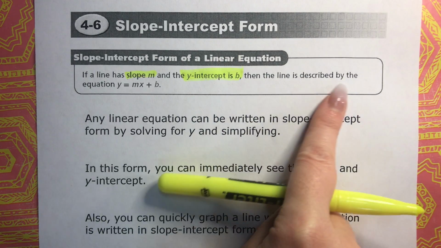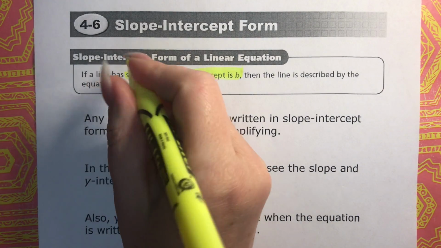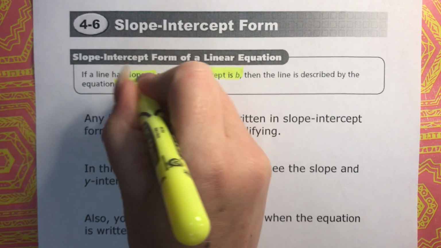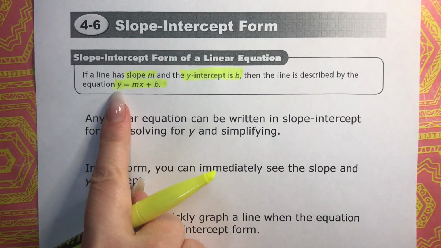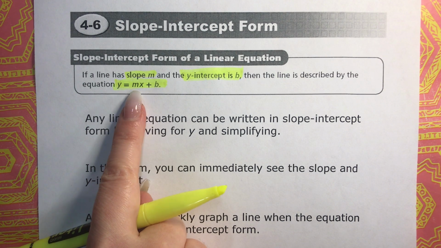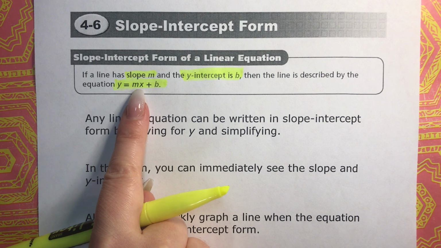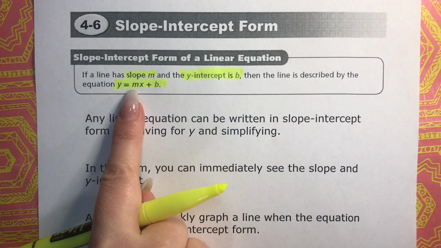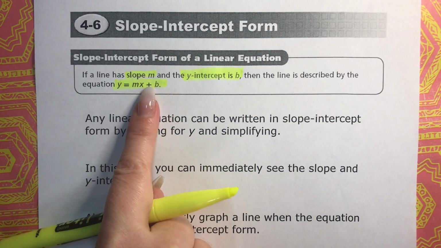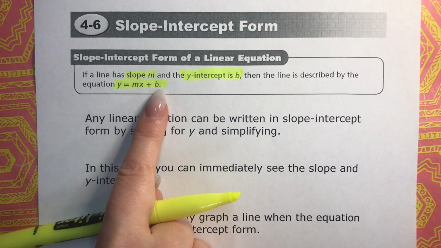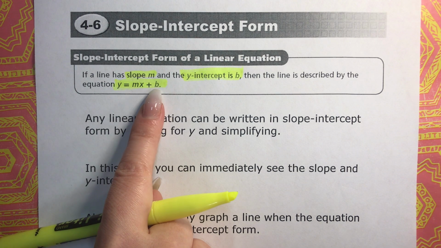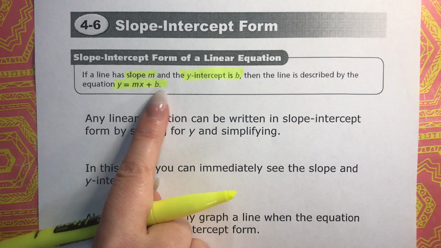So then the line is described by the equation y equals mx plus b, where, notice this, the equation is solved for y. You got the mx, so that means it's the slope multiplied by x. That means that whatever number is in front of x is the slope. And then whatever is out here on the outside, that is the y-intercept. This b represents a number, that is where your line crosses the y-axis.